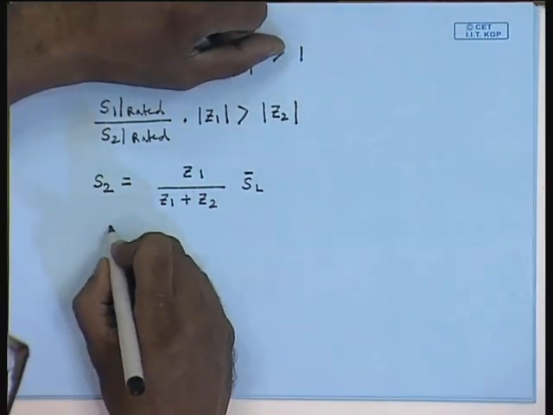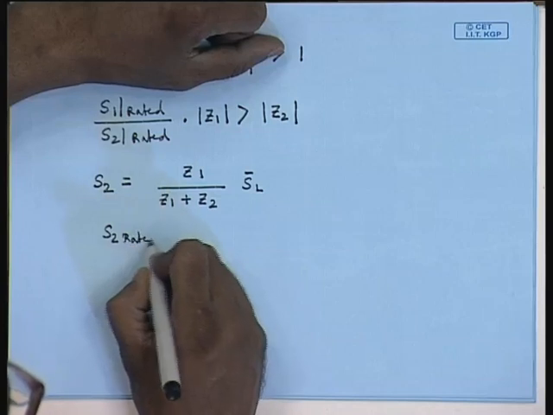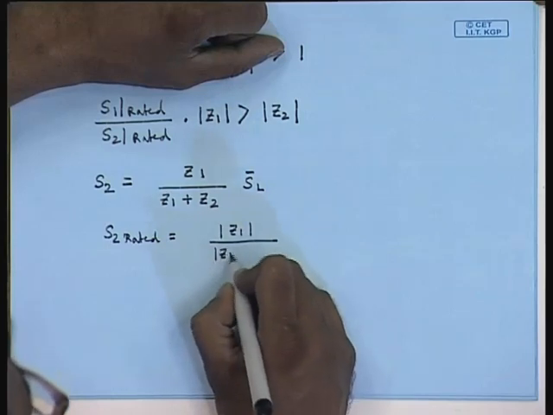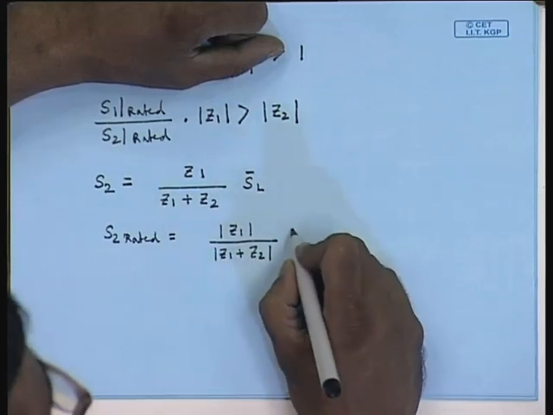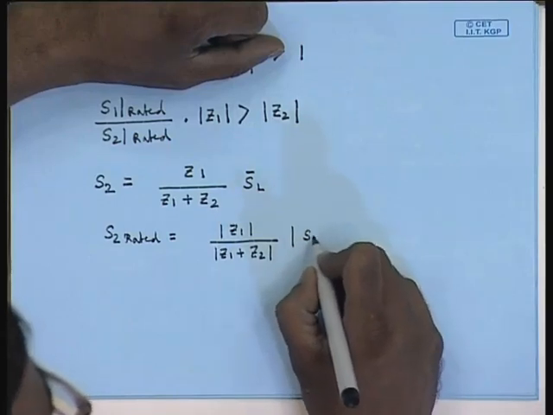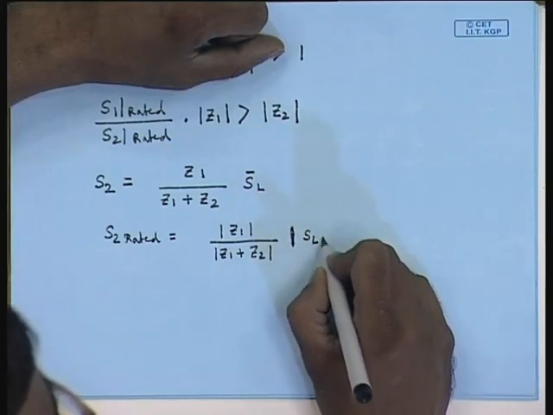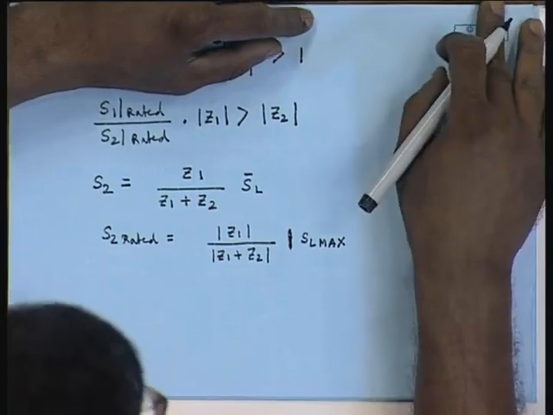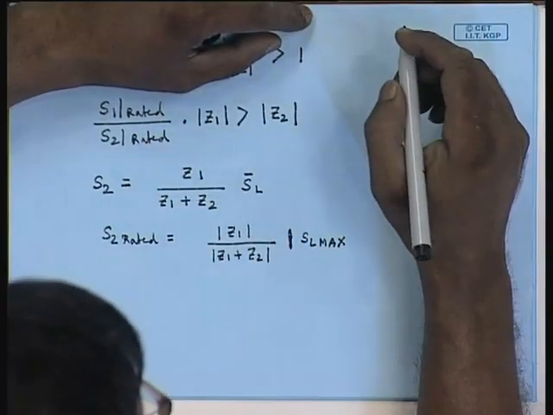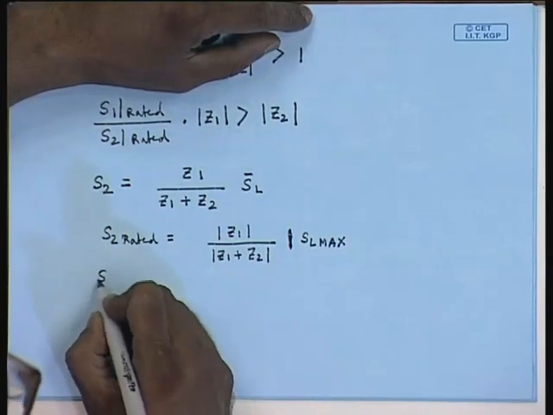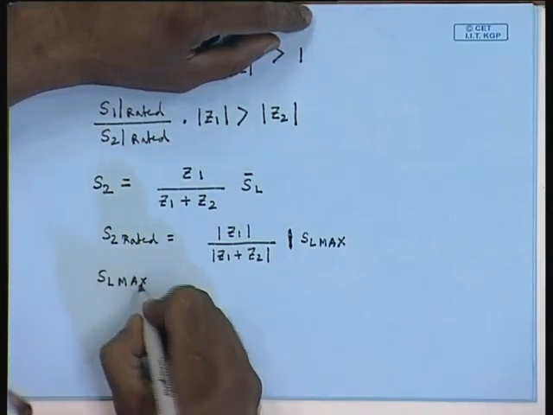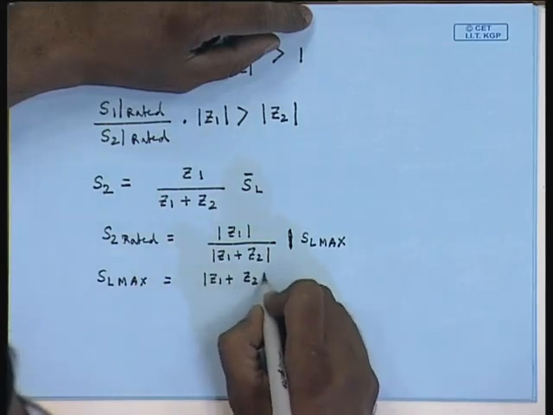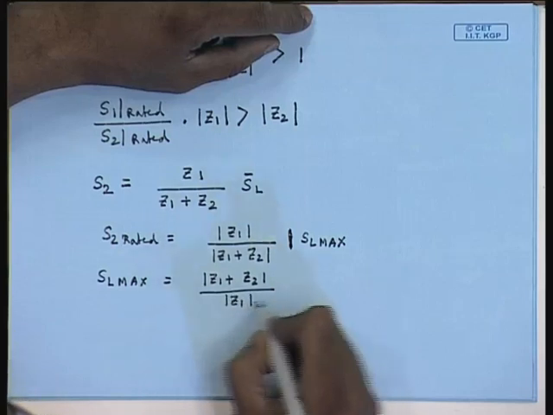Therefore, S2 rated equals mod Z1 divided by mod Z1 plus Z2 into mod SL, let us say SL max. SL max is the load kVA that is reached when S2 reaches its rated kVA. In other words, SL max is equal to mod Z1 plus mod Z2 divided by mod Z1 into S2 rated.